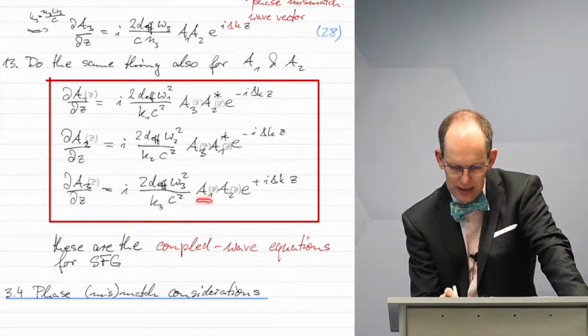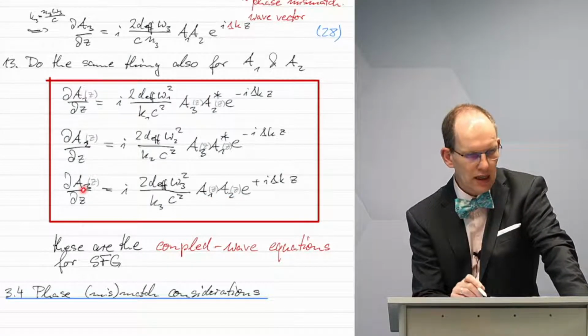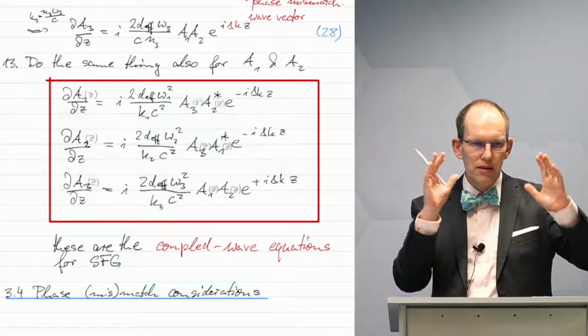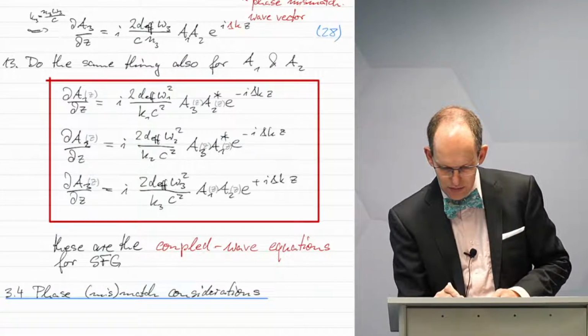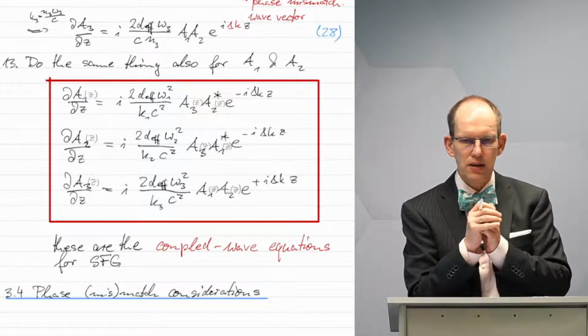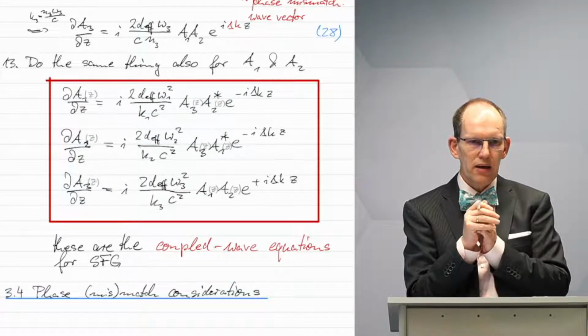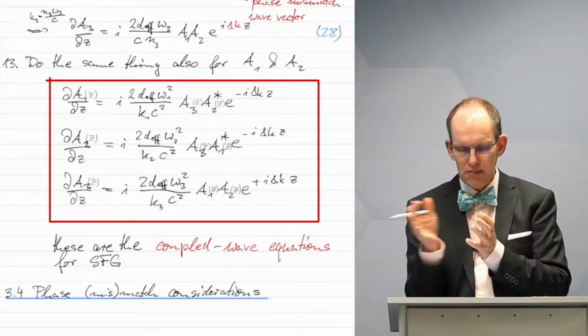What can we then say about A1 and A2? If A3 is, say, just 10 to the minus 4 or so of this amplitude here, what can we then say about A1 and A2, in particular about their dependence on z?